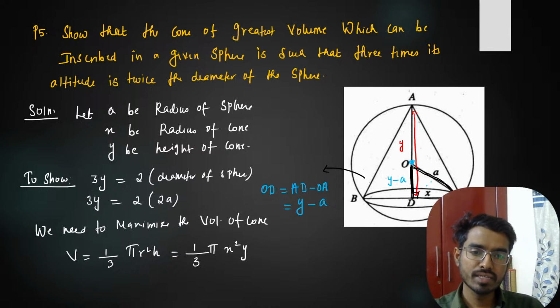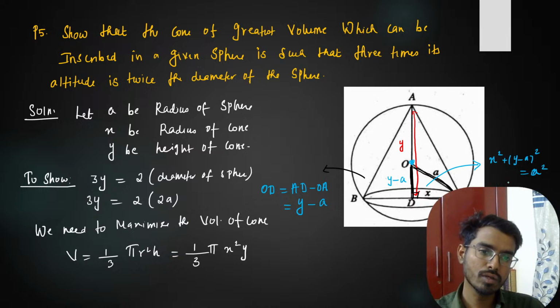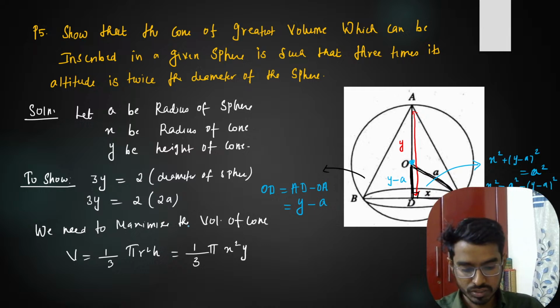So apply Pythagoras theorem for this right angle triangle. x square plus (y minus a) whole square is a square. That means I can write x square as a square minus (y minus a) whole square. Is it clear?